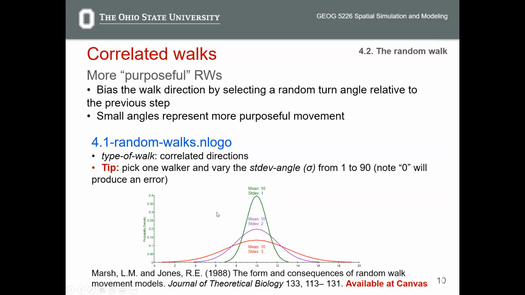Why am I showing these three normal distributions? Because with the same mean, which is 10, we have 3 normal distributions with totally different shapes. If the standard deviation is 1, which is the green curve, the possible values vary within a relatively small range, maybe from 7 to 13.